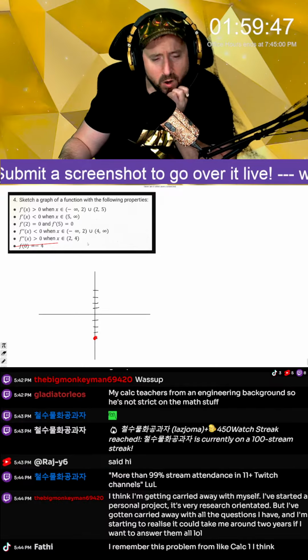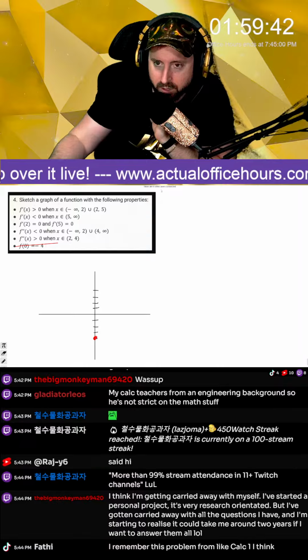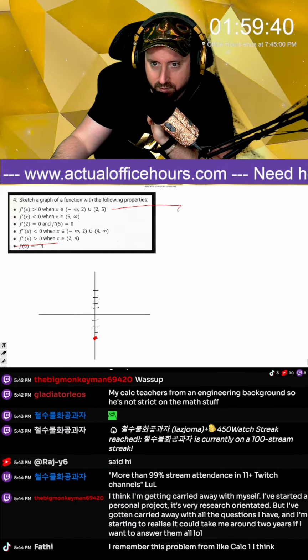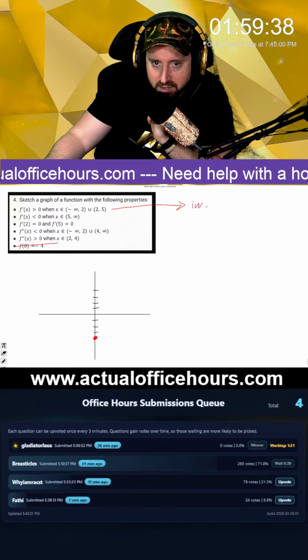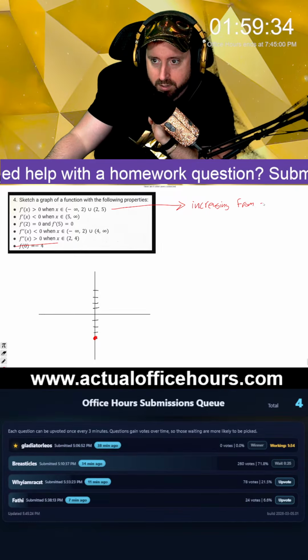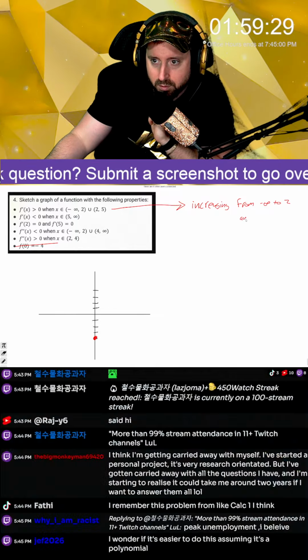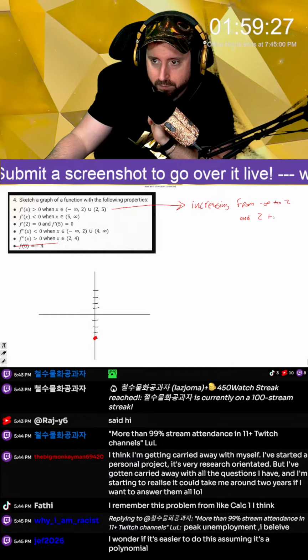All right. f prime is greater than 0. Okay, so let's translate this into English. This is increasing from -infinity to 2 and 2 to 5.